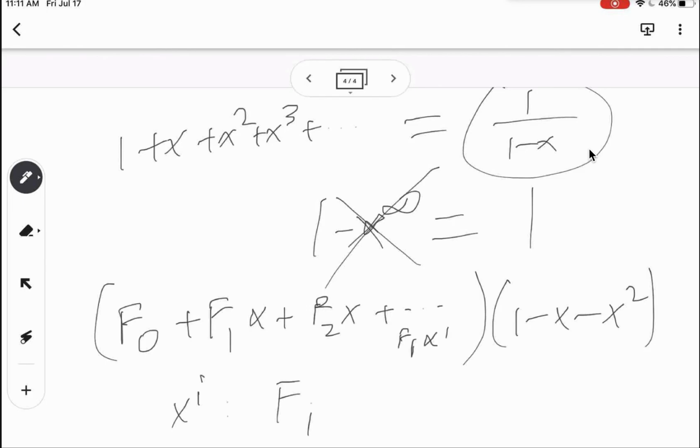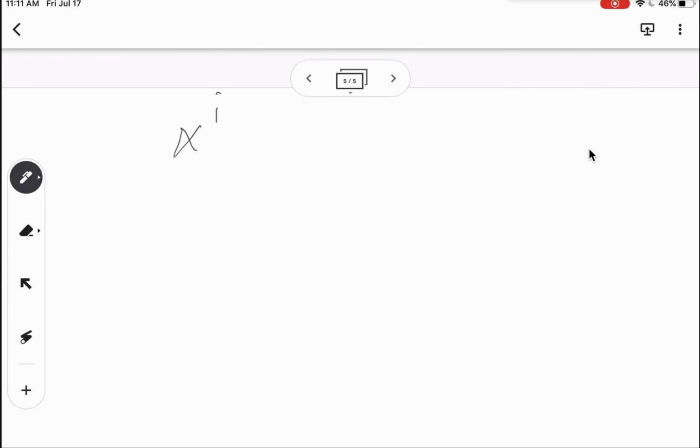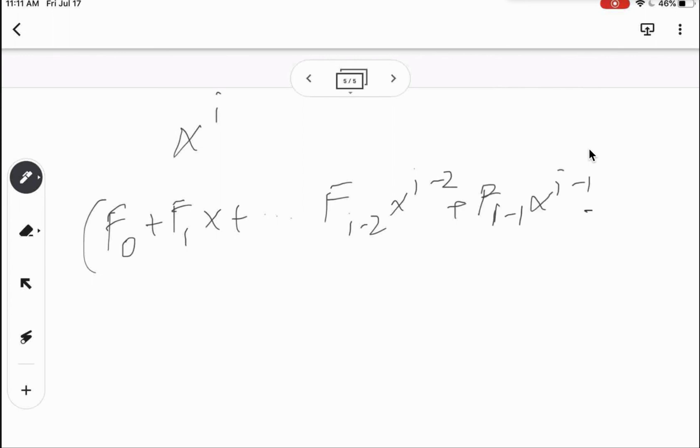Wait, let me draw a clearer diagram. We want to find the x to the i term, and we have our Fibonacci sequence here: f of 0 plus f of 1 x plus, and for our x to the ith term, we have f of i minus 2 x to the i minus 2 plus f of i minus 1 x to the i minus 1 plus f of i x to the i to infinity, and we multiply this by 1 minus x minus x squared.